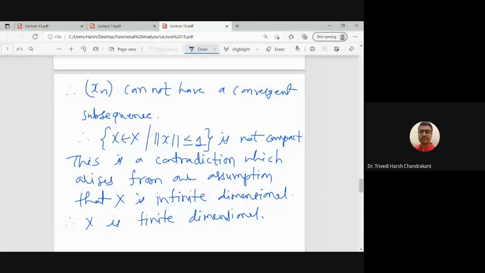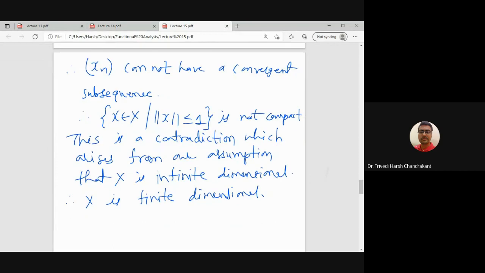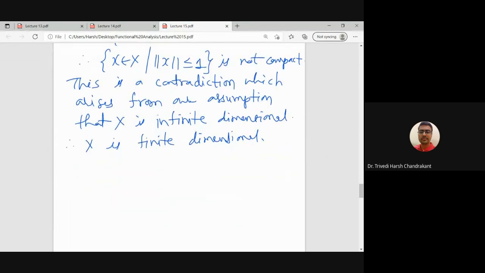Now the last condition: if X is finite dimensional, then every closed and bounded subset is compact. That we want to prove, and there we will use the Bolzano-Weierstrass theorem.